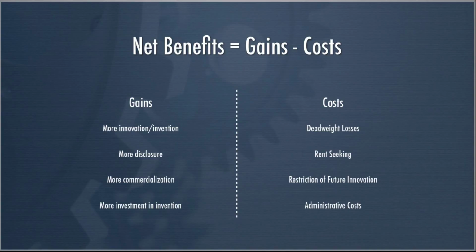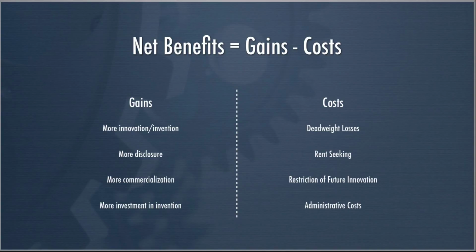And let's look again at what our gains are, right? We think that by offering a patent system, we're going to get more innovation and invention, more public disclosure of new technology, more commercialization of the types of things that society wants more of, and more investment in invention, which is in the long run going to result in ever increasing rates and amounts of innovation.